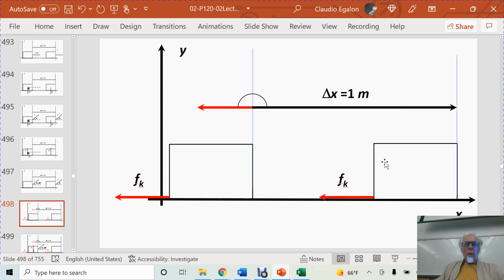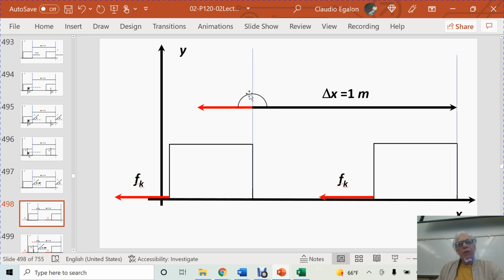What about the force of friction? You have this object moving from one place to another, and we have this force of kinetic friction being applied throughout the whole displacement of the object. What is going to be the sign of the work done by this force of friction? Look here at the angle, right? The angle is 180 degrees. It's going to be negative.